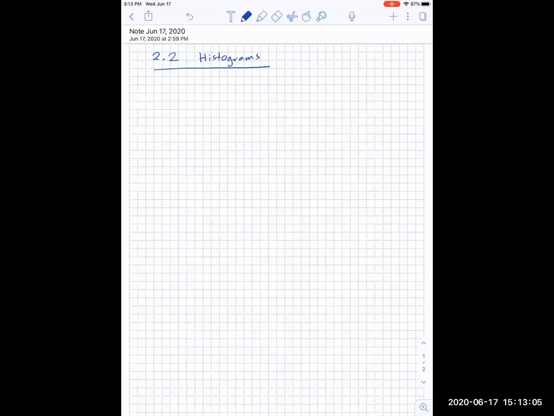We also said that these tables tell us more about the distribution of the data. If you see that the frequency of the classes is going up and then going down, that means you have what we call a bell curve or a normal distribution.